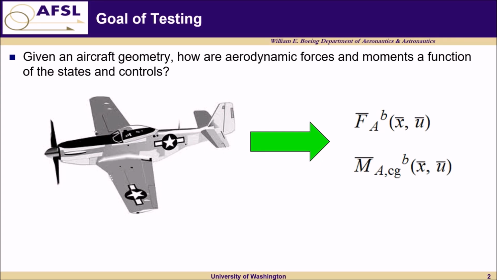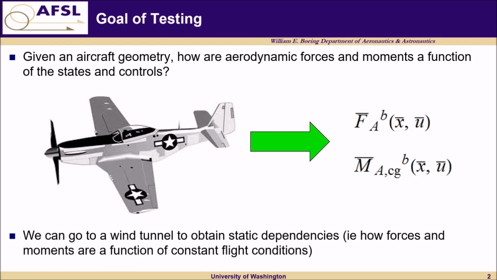Now, it's also worth mentioning right here that most wind tunnels are great for obtaining the static dependencies. In other words, how are these forces and moments a function of constant or steady state flight conditions? So, if you're an aerospace engineer, I'm sure you know that there are some aerodynamic forces and moments which you might be able to dynamically change.